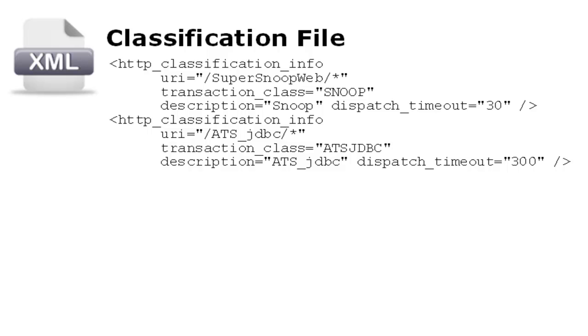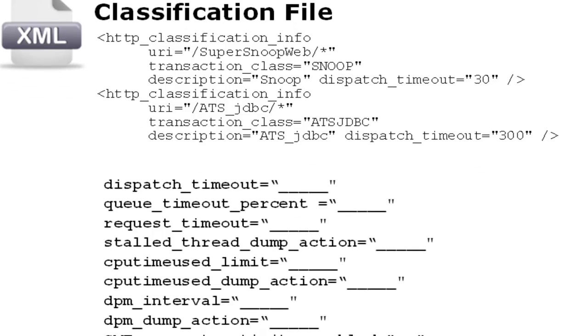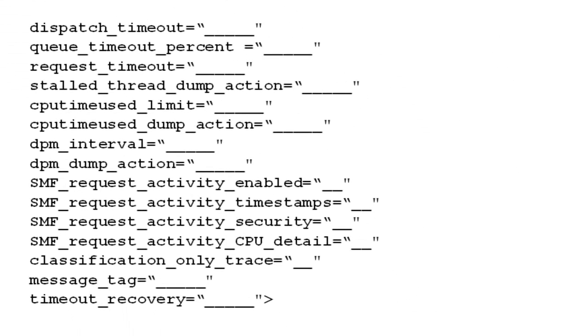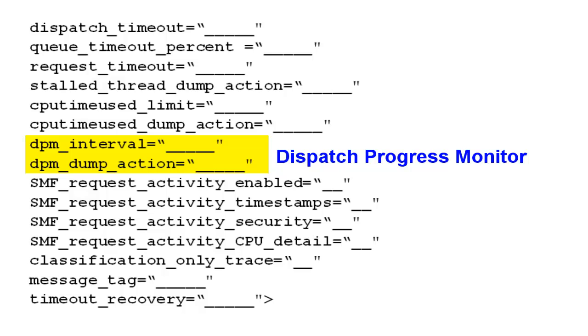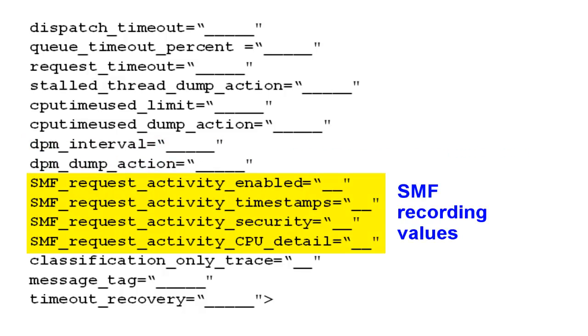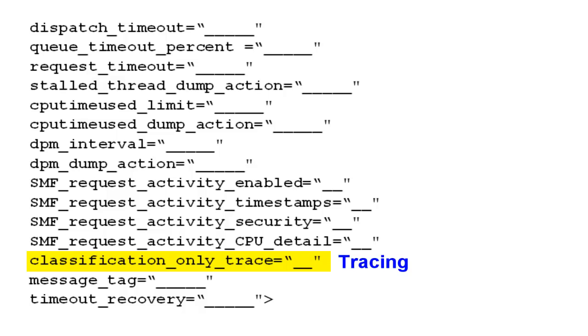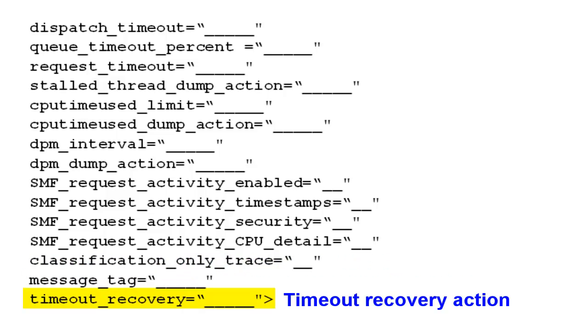But dispatch timeout are not the only keywords that we can use with this new function. Here is the list of the keyword settings that are applicable, and they roughly categorize around timeout values, dispatch progress monitor values, SMF recording values, tracing values, custom message tagging, and timeout recovery actions.